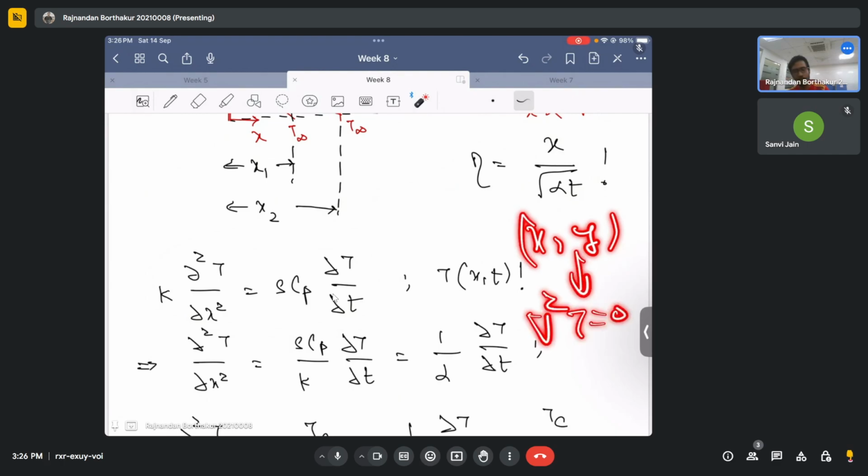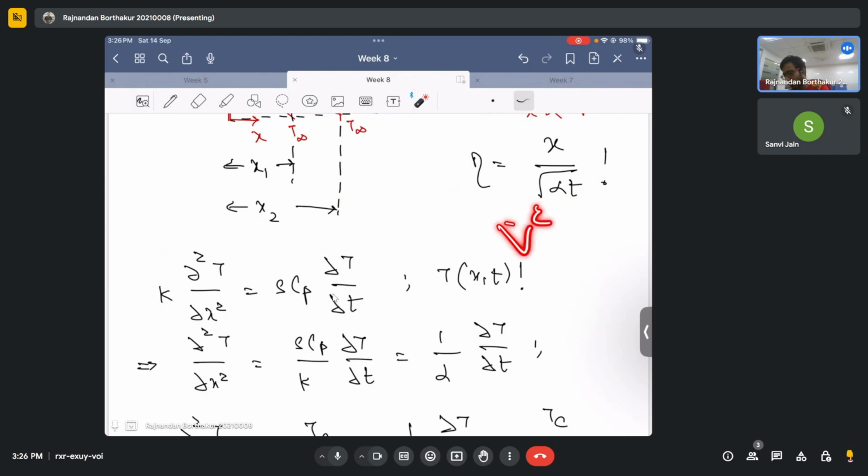Some two classes back, we used the method of variable separation to solve a 2D Laplace equation, del square T equal to 0, which denoted how the temperature field would vary in, let's say, a 2D rectangular slab.